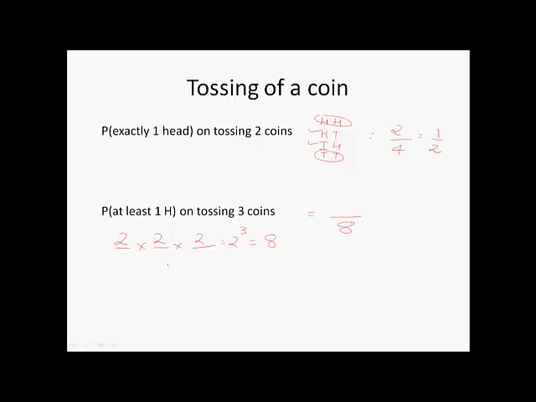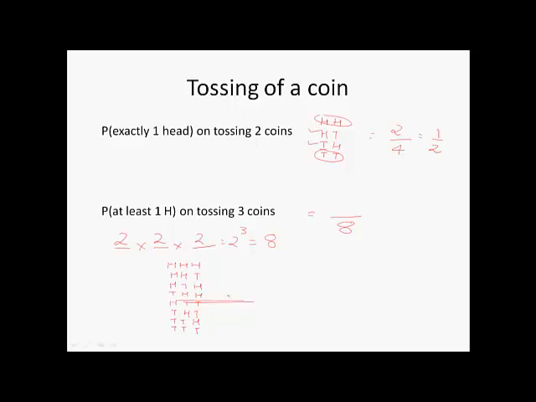Now, if we try to list down all the 8 occurrences, those would include heads, heads, heads; heads, heads and tails; heads, tails and heads; tails, heads and heads; heads, tails and tails; tails, heads and tails; tails, tails and heads; and tails, tails and tails. So these are the 8 outcomes.